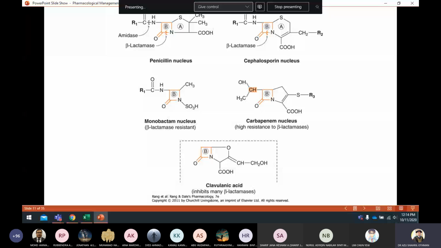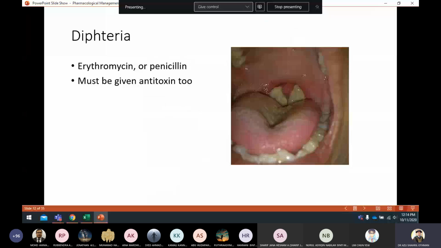They are not easily destroyed by the bacterial beta-lactamase. So the problem with beta-lactamase is especially with penicillin and the older generation cephalosporins.